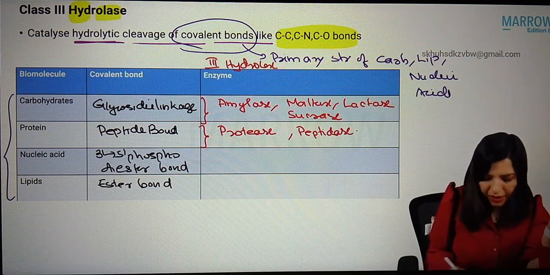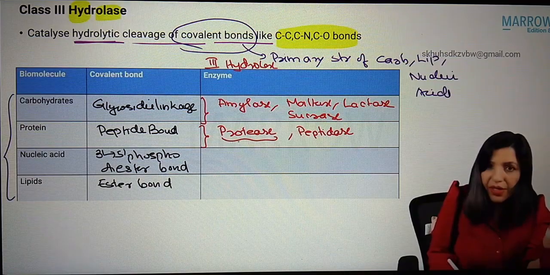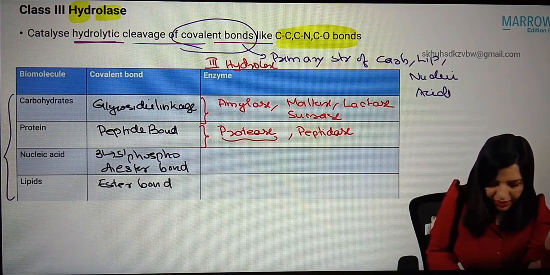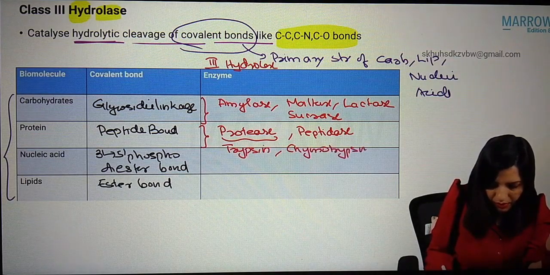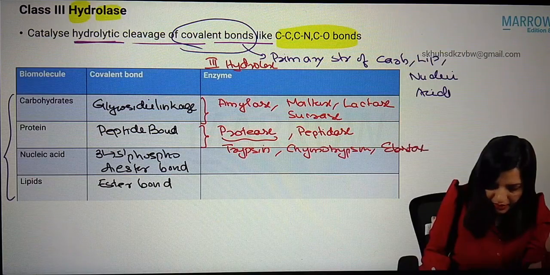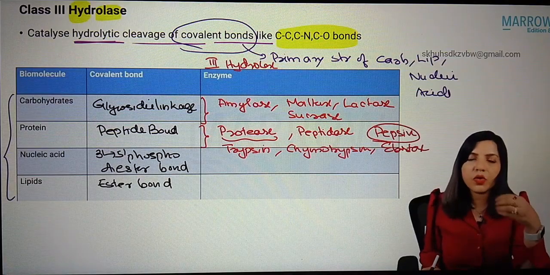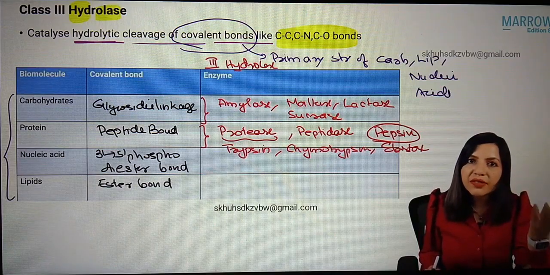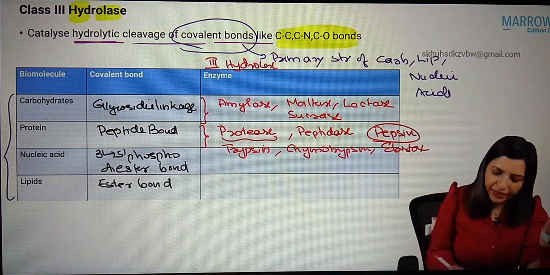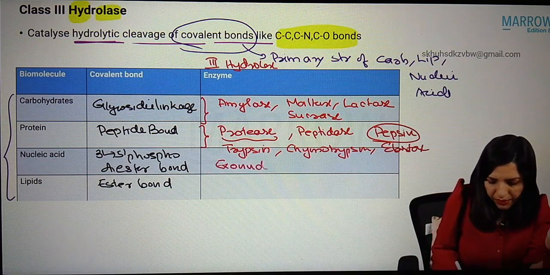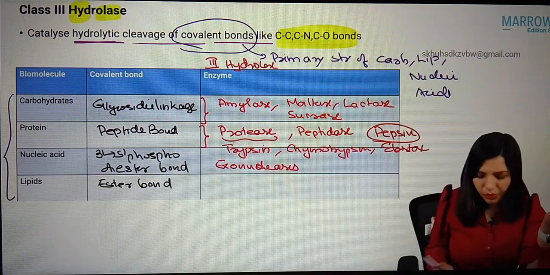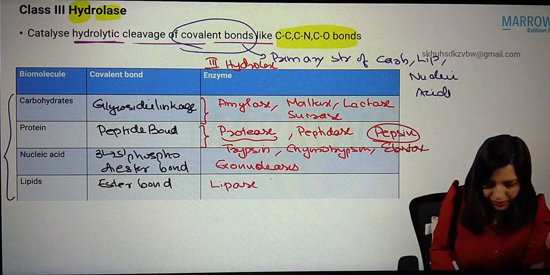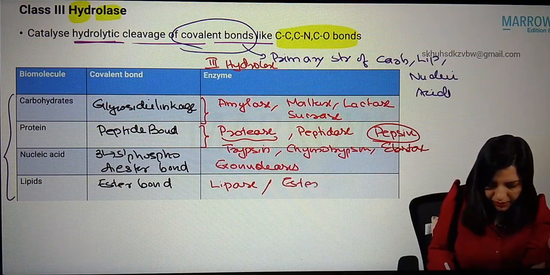Under the proteases, we know there are various types like trypsin, chymotrypsin, elastase. Then we all know pepsin. All these are proteases, breaking the peptide bond, and they all belong to which class of enzyme? Hydrolase. Fine. Then the nucleic acid is broken by exonucleases. Then the ester bond is broken by lipases or esterases.